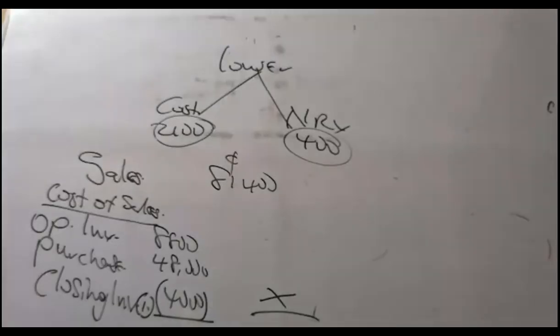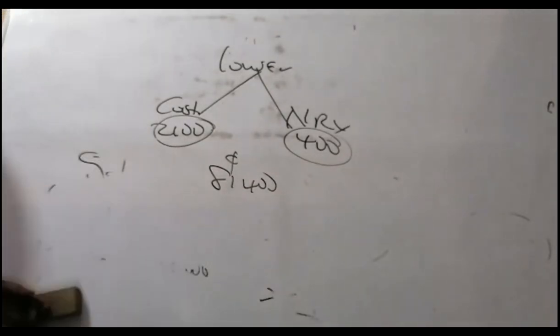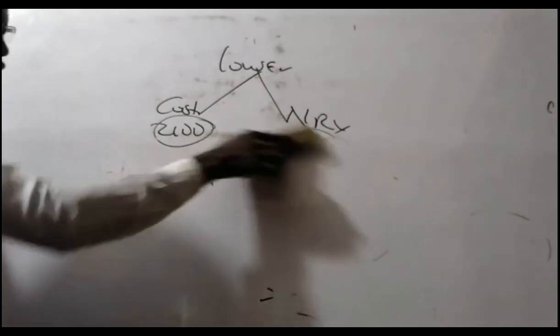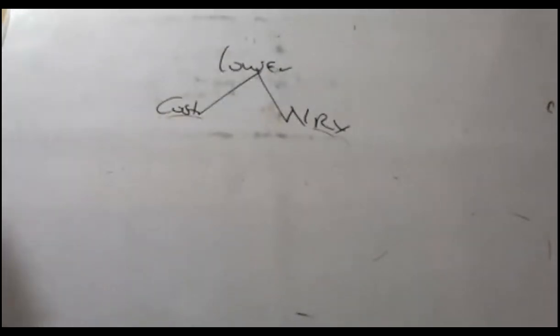In fact, let's go to the board. So that is the general rule: lower of cost and their NRV. So they are saying this. Let me read the question.